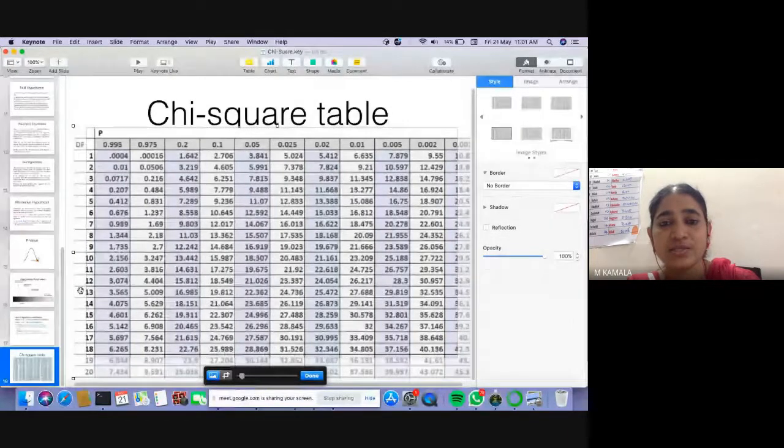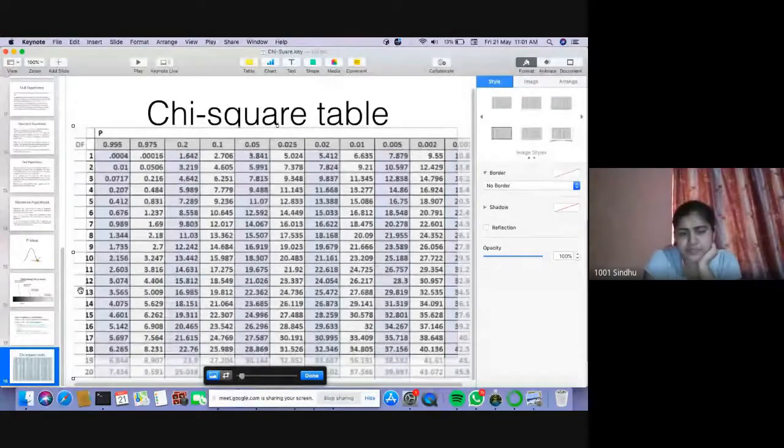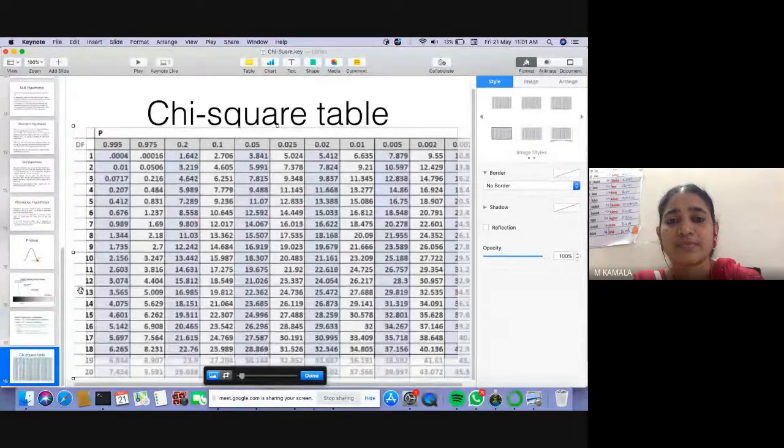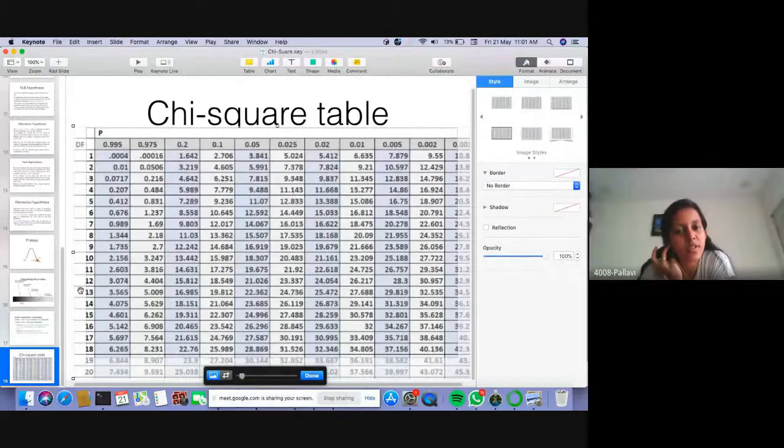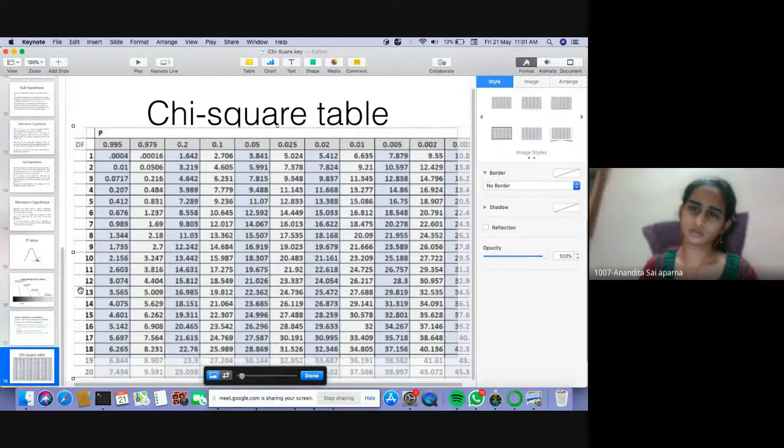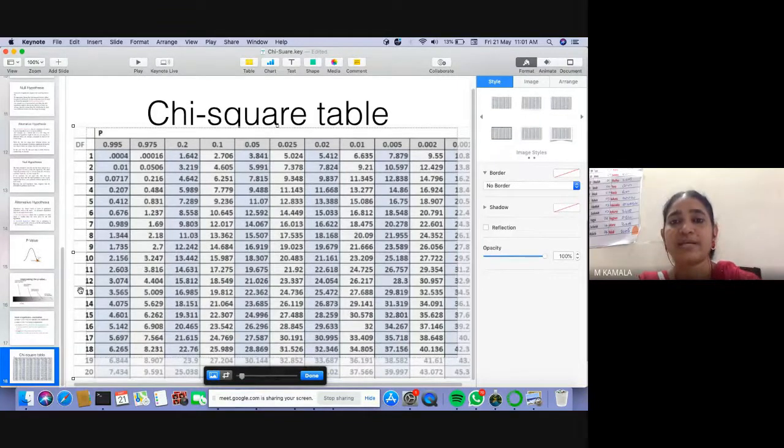If you see this 12, now can you see the value 23.337? It is not point, actually, 23,337. Can you see that value? Yes, ma'am. Now go to the top of that column. 0.025. So which means that is the 2.5%.